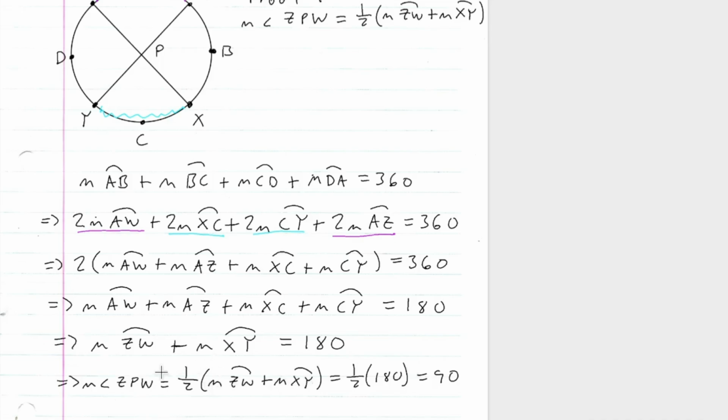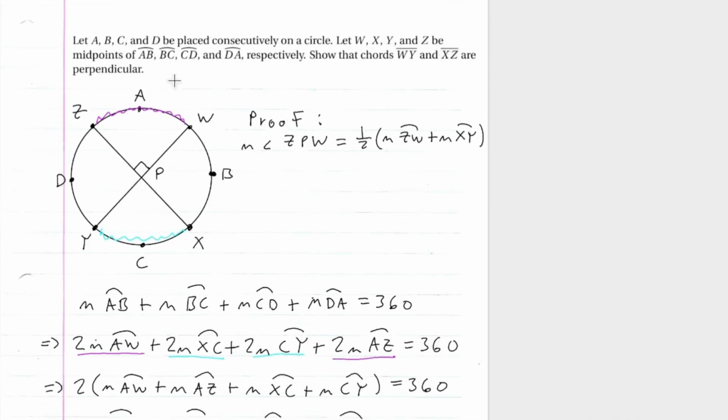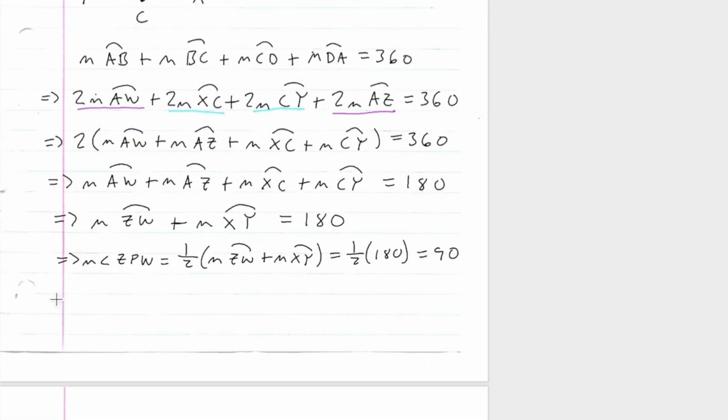So I've proven that the measure of angle ZPW, which is right here, is 90. That means that WY is perpendicular to XZ, which is exactly what we wanted to prove. So this implies that WY is perpendicular to XZ, and that is my proof.